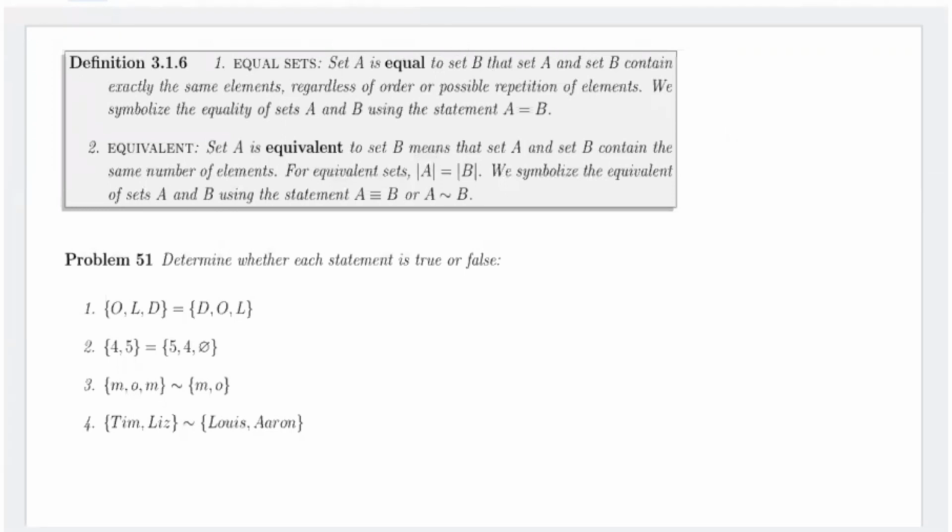Let's practice this, and then we move to the next one. Equal set, you compare the elements. Equivalent set, you compare the cardinal number.